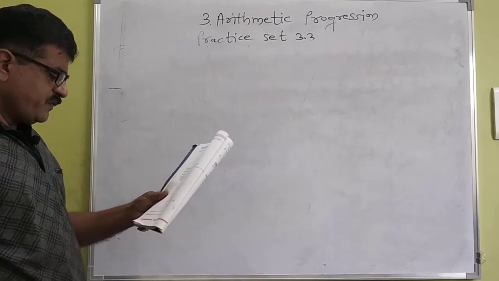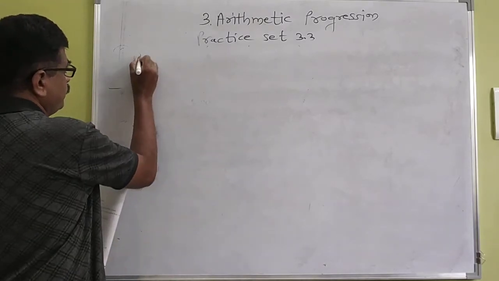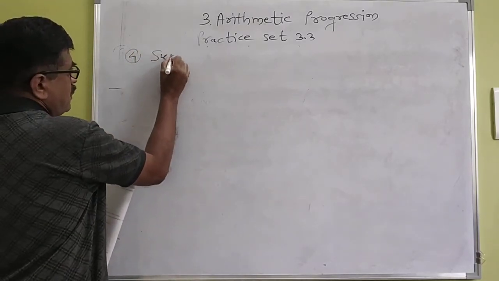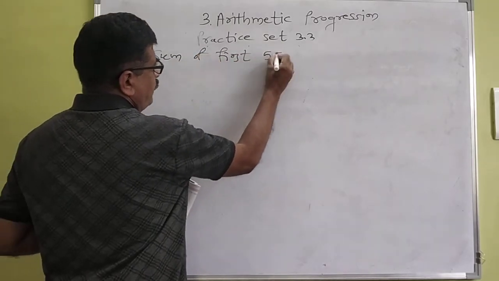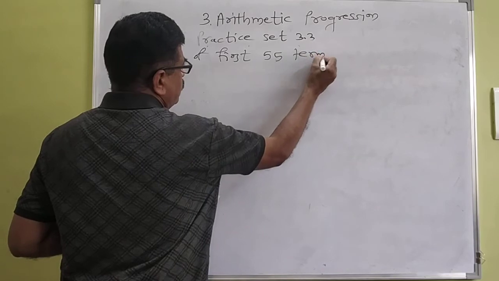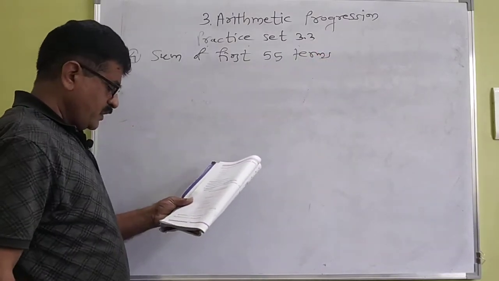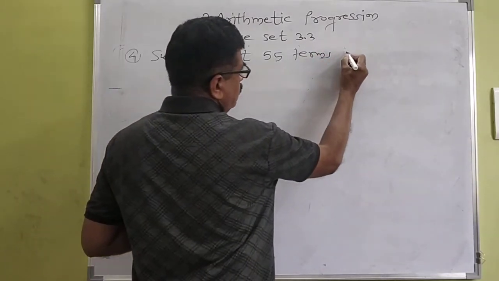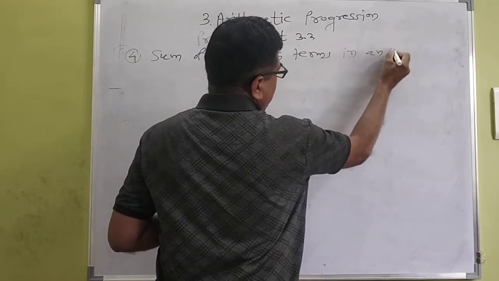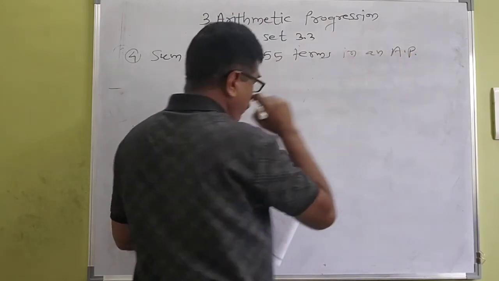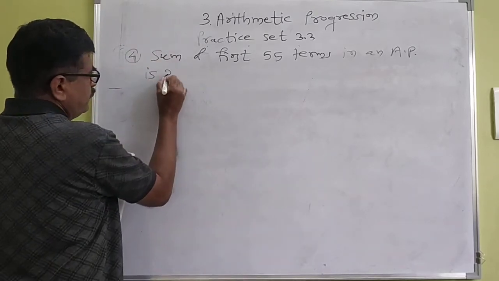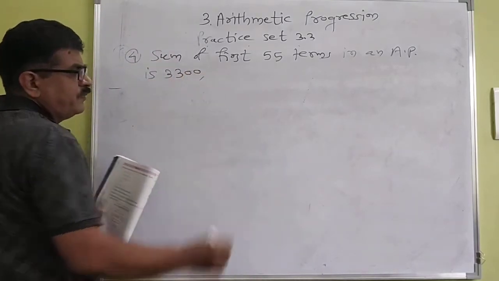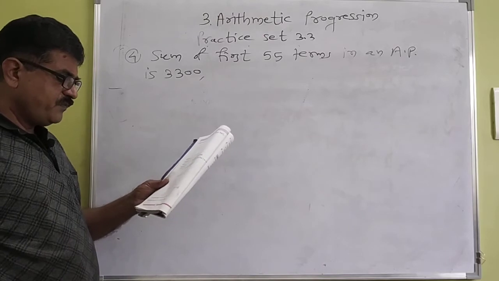Question number 4. The sum of the first 55 terms in an AP is 3300.